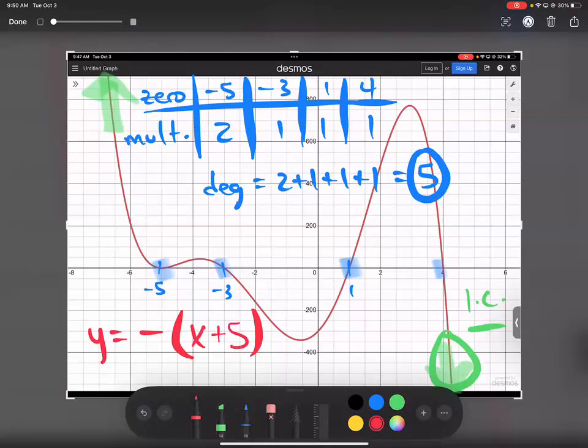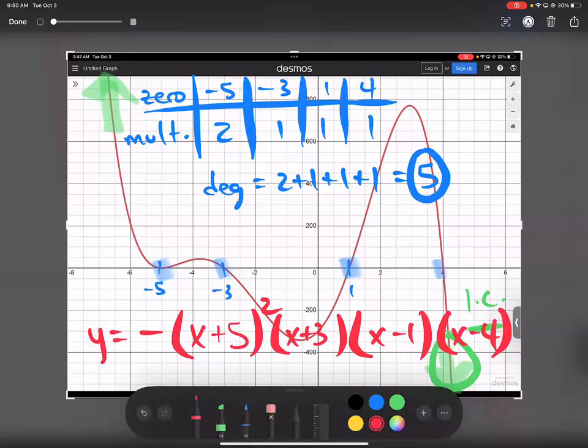Its multiplicity is 2, so squared. Okay, what are the other factors? x plus 3, x minus 1, x minus 4. And those all just show up one time, right? First power. Yeah.